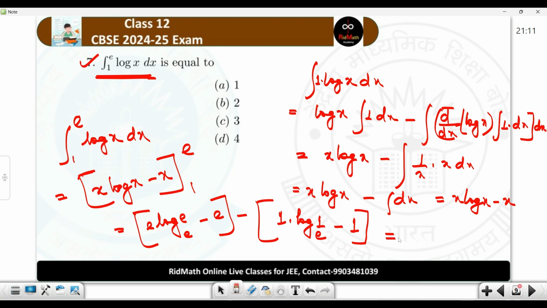So this is equal to e into 1 minus e minus this is 0 and plus 1. So e got cancelled out and this is 1. So answer is 1. Option number A is correct. Okay, next problem.